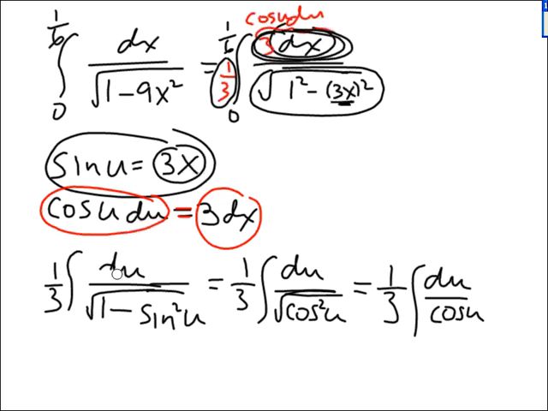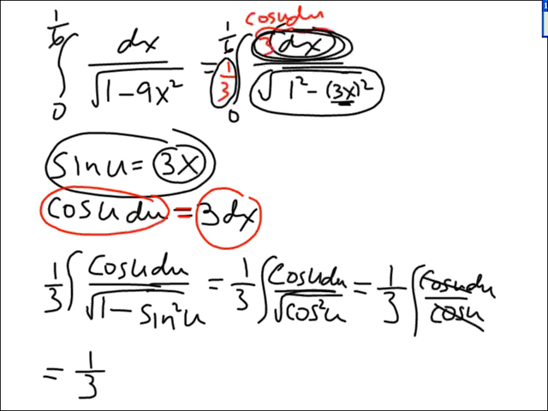So the numerator should be cosine u du. And the cosine u's cancel out. So all we have is 1/3 the integral of du. But the integral of du is just u.